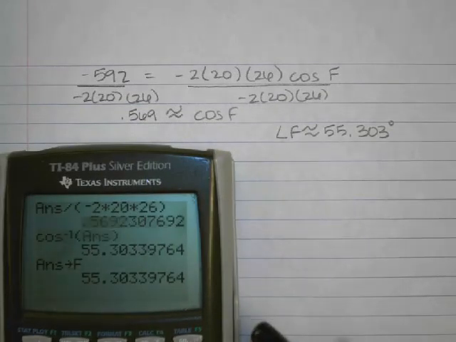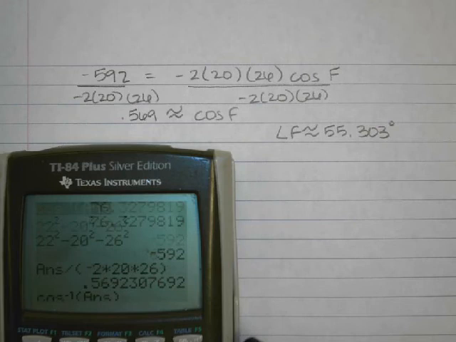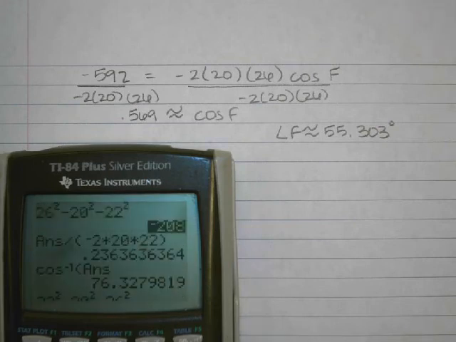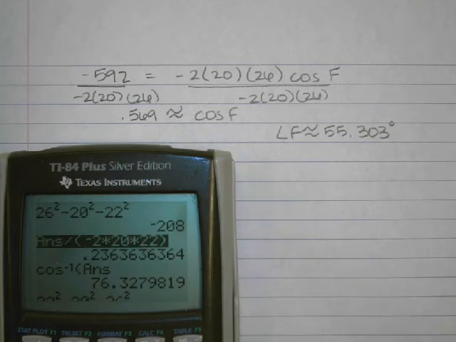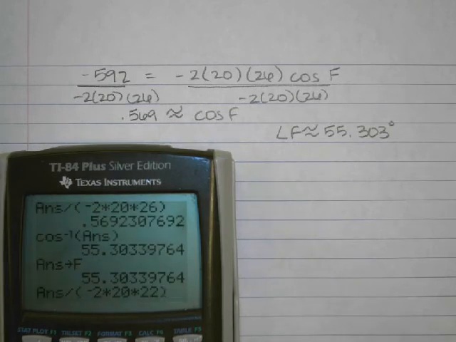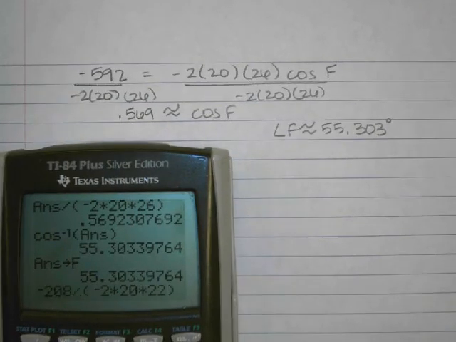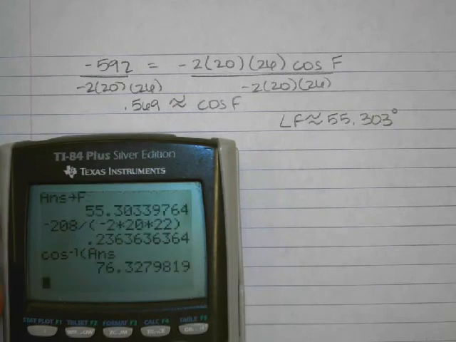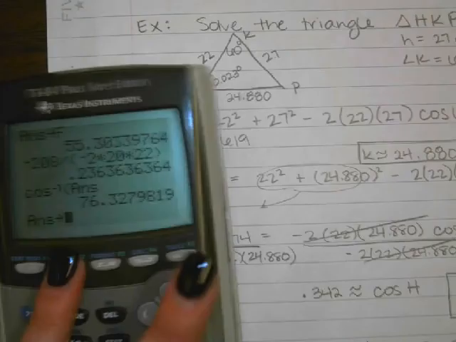Okay, and then I'm going to go back up. Negative 208 has to be divided by that, and then cos inverse. And that was angle D. Yep.